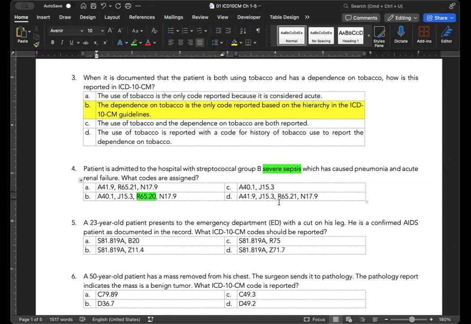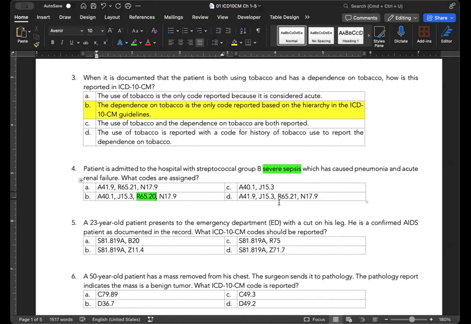So what else do we want to code? The streptococcal group B. Yep. So what are we going to look up for the streptococcal group B? Do you look up pneumonia caused by that?